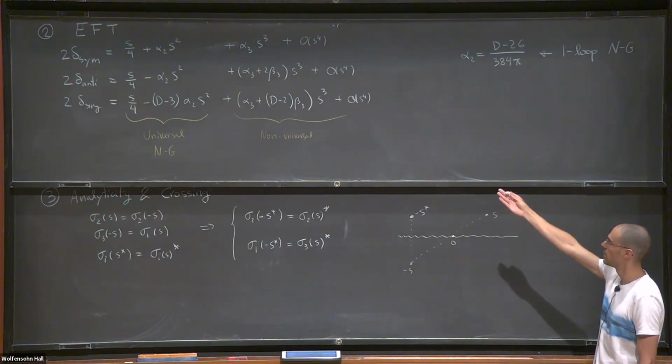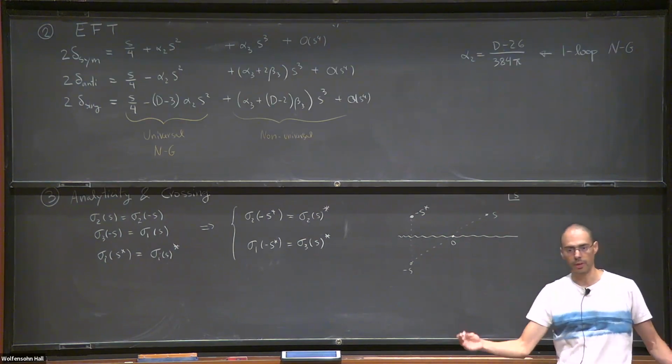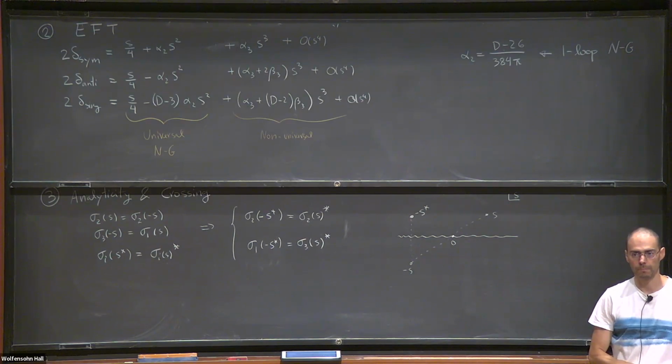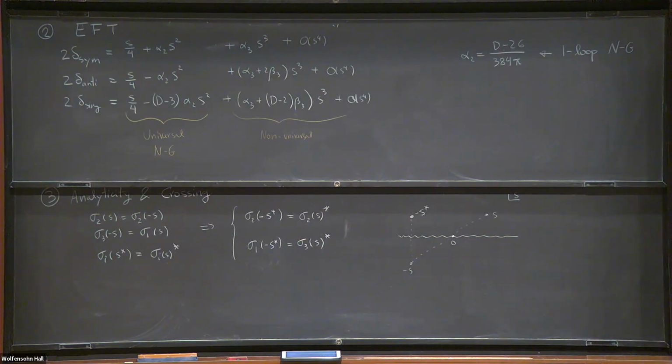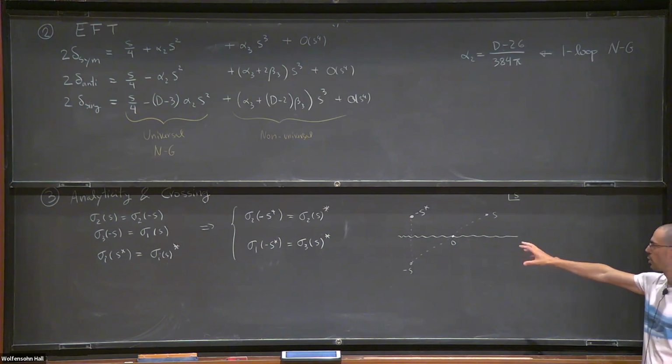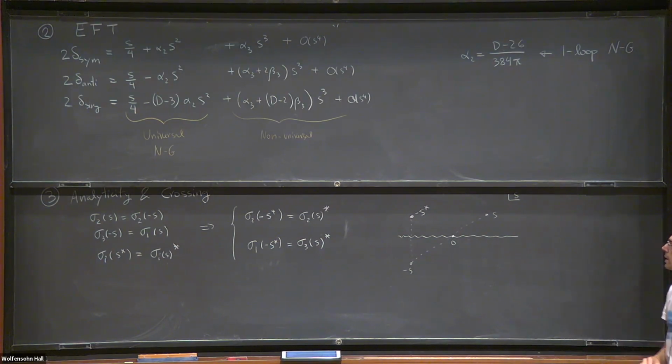Can you get some non-trivial bounds on alpha 3 and beta 3, or is everything possible? There are some partial bounds you can get by doing some smart crossing symmetric combinations that you can solve analytically, but I don't know of any systematic way of solving this problem analytically. So I will explain now a numerical method that allows you to impose all these constraints systematically and get the optimal bounds that follow from these conditions.